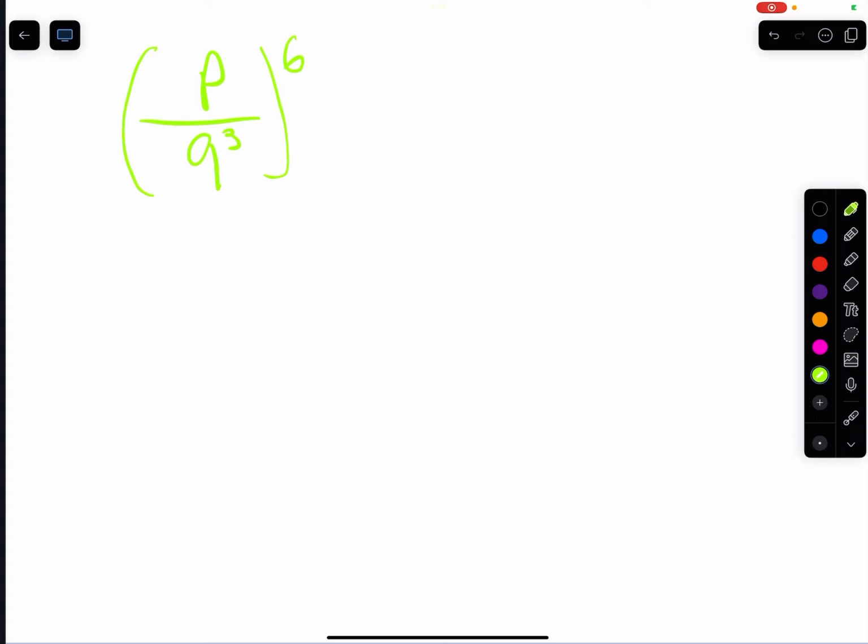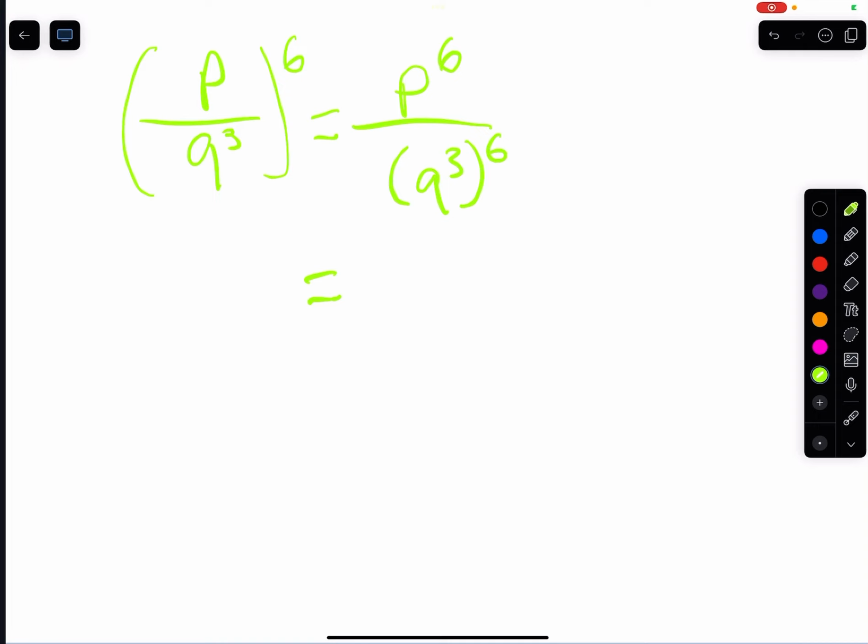Well, what we discussed before, the power of a quotient rule gives us the opportunity to give each of the factors that exponent. So we have p to the 6th over q cubed to the 6th. Well, certainly p to the 6th can't be simplified further, but q cubed then raised to the 6th can.